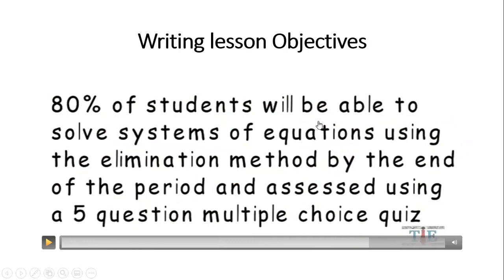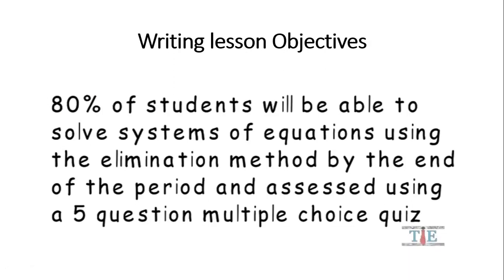Then 80% of the students will be able to solve a system of equations. That is who, the students, what they are going to be able to solve, systems of equations using the elimination method, by the end of the period and assessed using a 5-question multiple choice quiz. That is how you project the lesson objective.